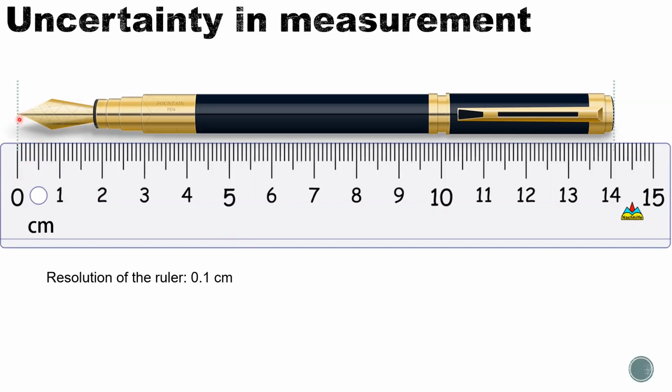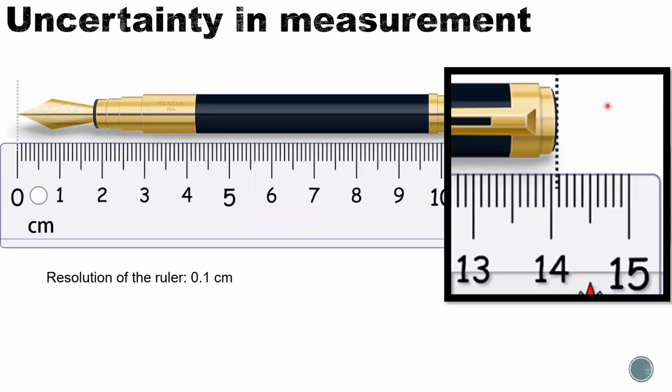We put the pen against the ruler. The left end is aligned with 0, and on the right we can read how long the pen is. Here is a zoomed-in picture. You see the length of this pen sits between 14 and one grid after 14, that's 14.1 centimeter. But you can see it sits in between, a little bit to the right.